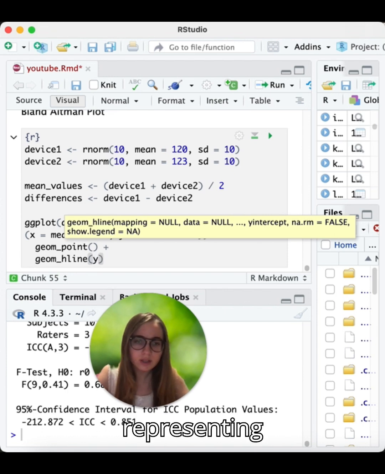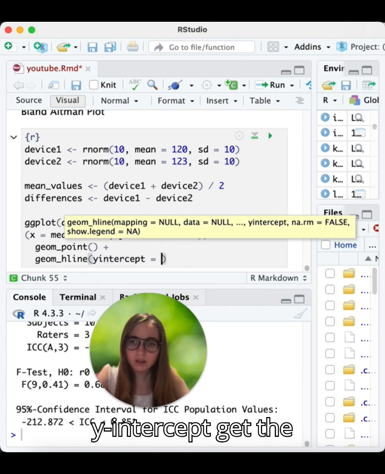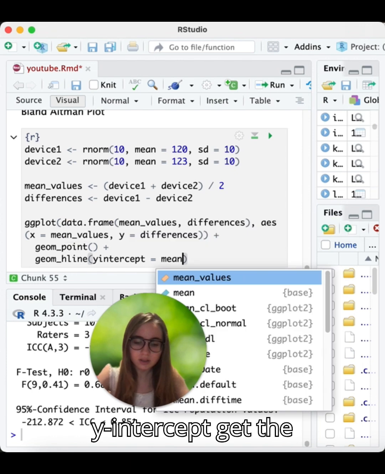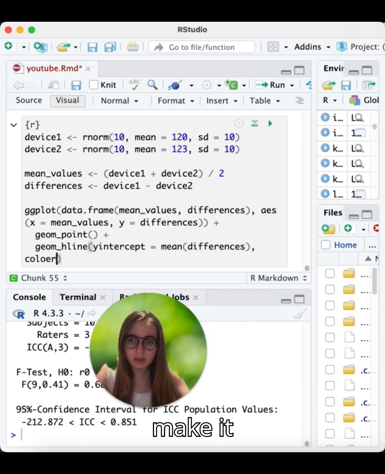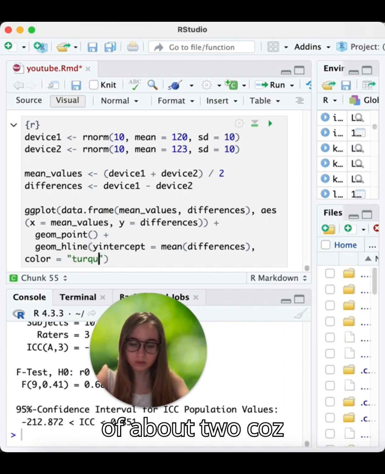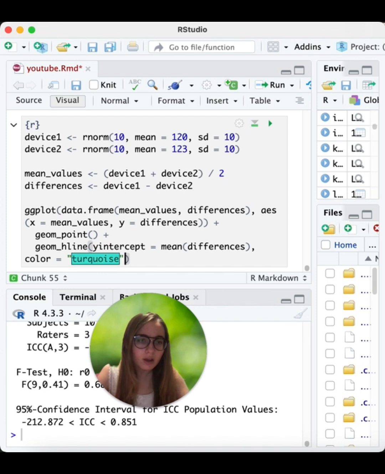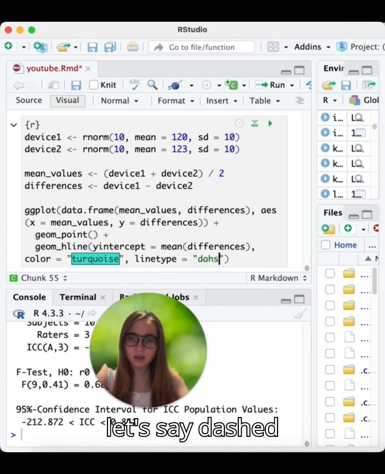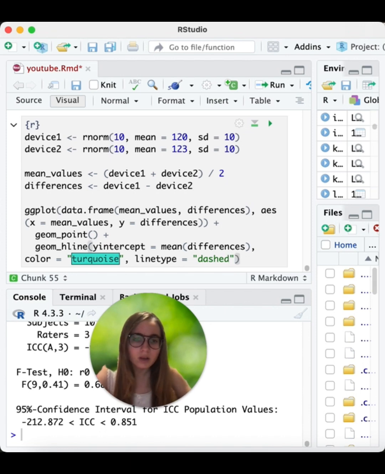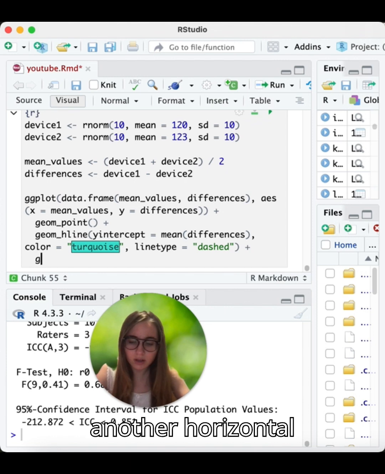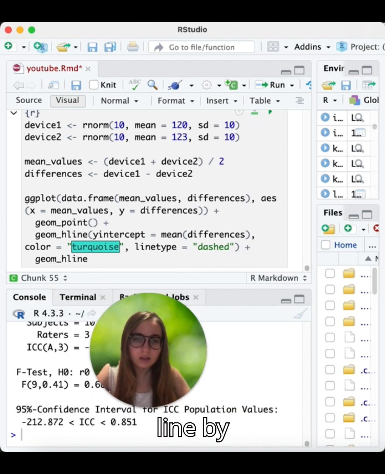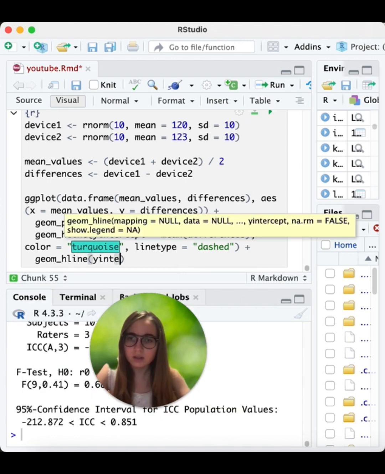The first one represents the y-intercept: get the mean of the differences. Let's make it turquoise, and the line type dashed. And then we'll give another horizontal line by intercept.